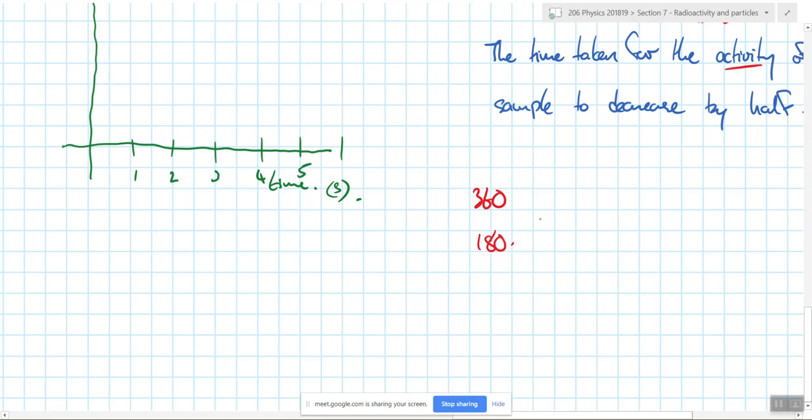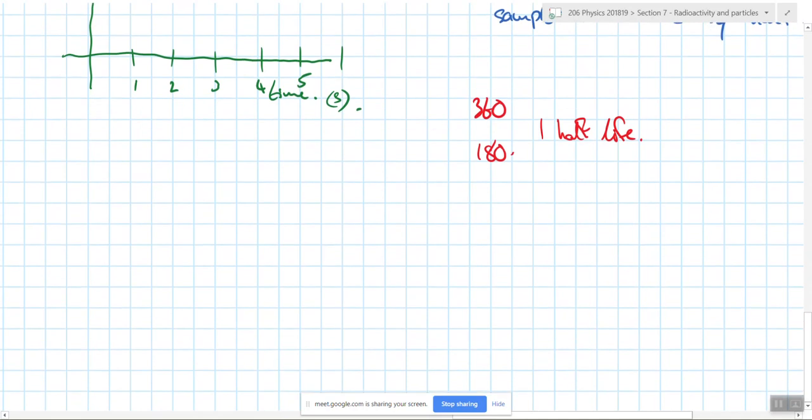So that'll be after 1 half-life. After another half-life, how many would we have? Seeing a pattern yet? The same.